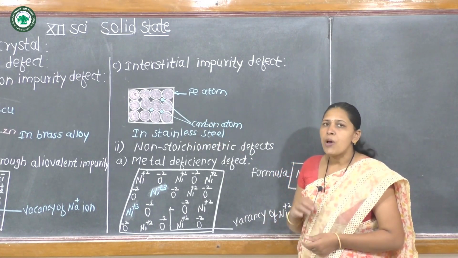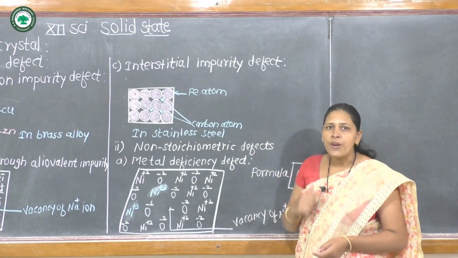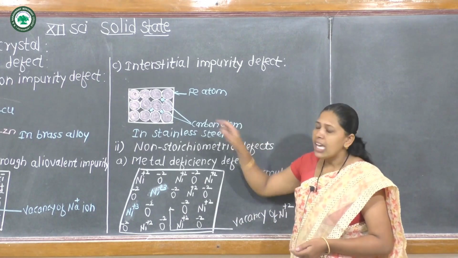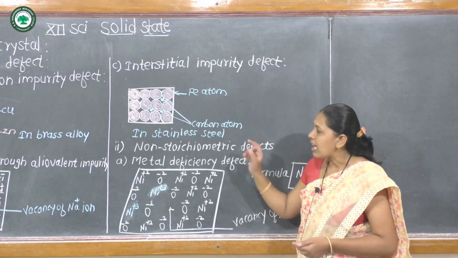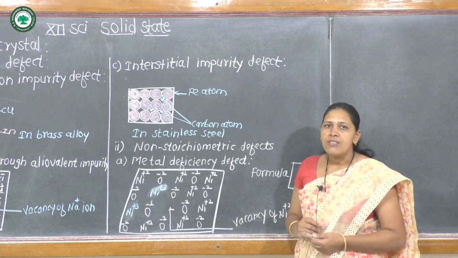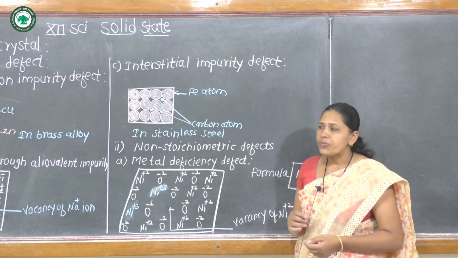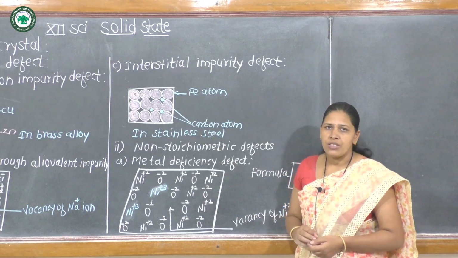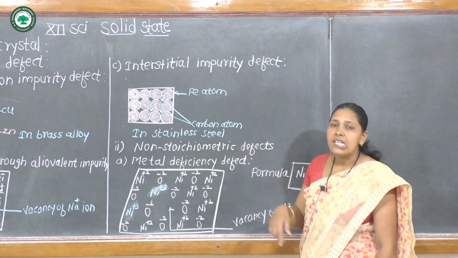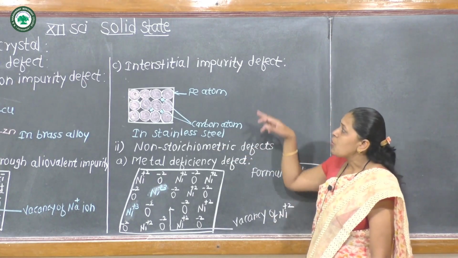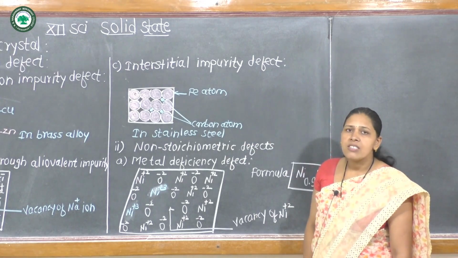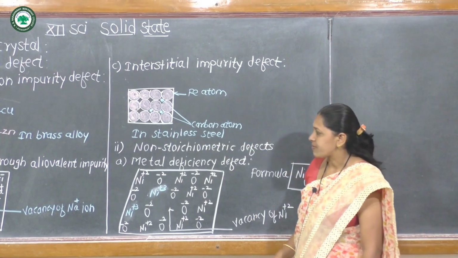Due to this, the property of iron is modified, and that alloy of iron, that is stainless steel, is resistant to corrosion. Therefore, this property is modified due to creation of interstitial impurity defect.